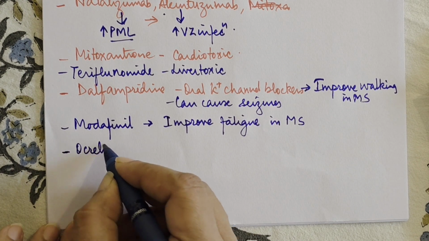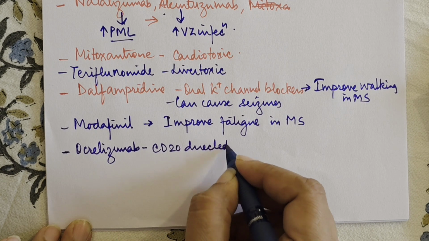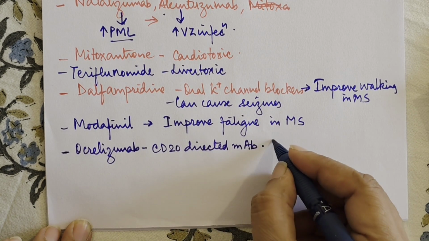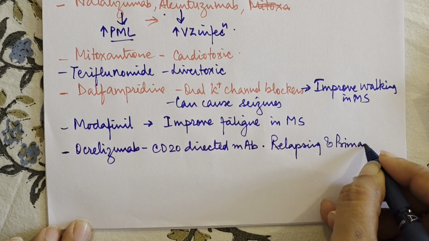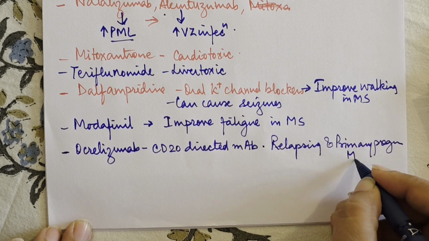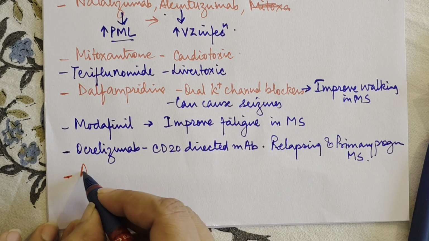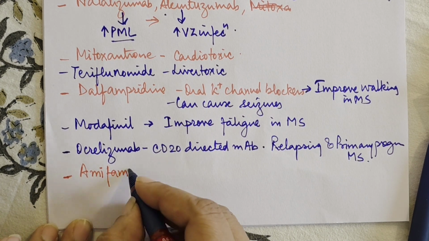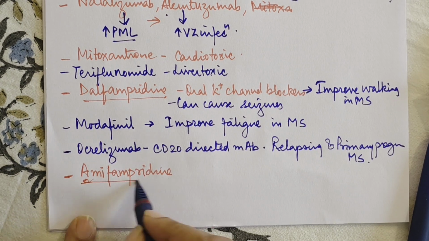Then we have ocrelizumab. This is a CD20 directed monoclonal antibody, and it is approved for relapsing and primary progressive multiple sclerosis. It is used there. Then there's a new drug that is amifampridine. जैसे ऊपर ये देखिए ना, dalfampridine, ऐसे ही amifampridine.